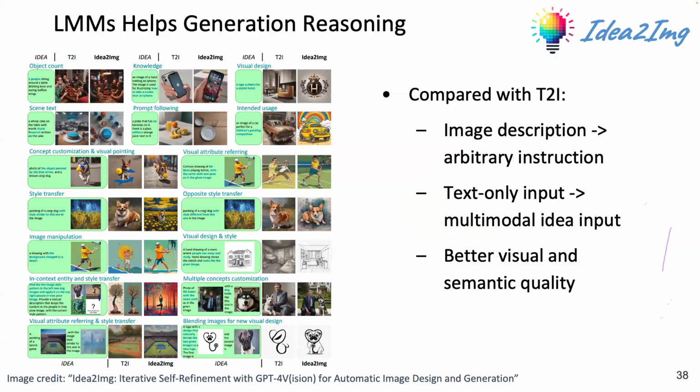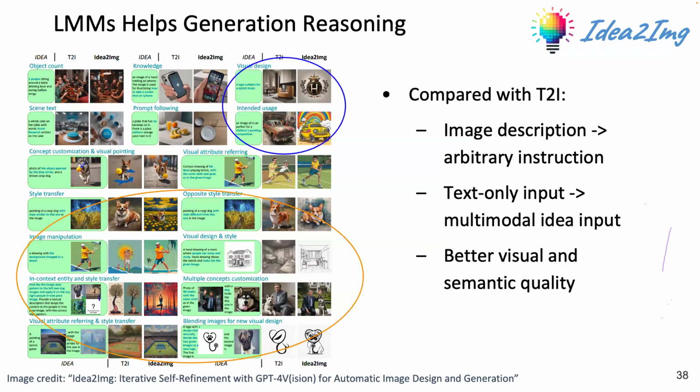So when put together, such a system leads to several new scenarios in visual generation. The first is that now the input not only needs to be a detailed image description, but it can be a very abstract instruction. For example, we can simply say, help me design a hotel logo, and the LMM will propose some effective designs and later convert them into images. And also, it helps extend text-to-image into multimodal input to image.